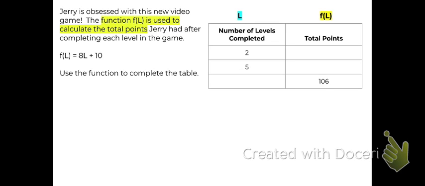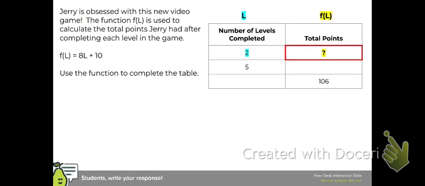If we look at the first row, we see they want us to calculate the total points. They want us to figure out what is f of L if L equals 2. So we're just taking L and we're substituting it in.